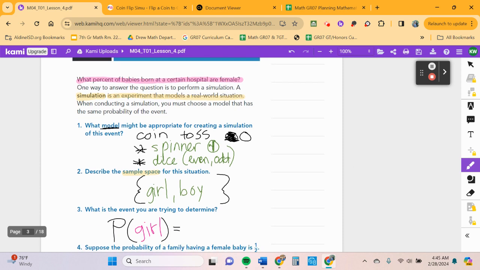Number 3, what is the event that you're trying to determine? Well, they gave us that in the very first sentence. What percent of babies born at a certain hospital are female? So the event that we're trying to determine is the probability of a baby being born a girl, or female.